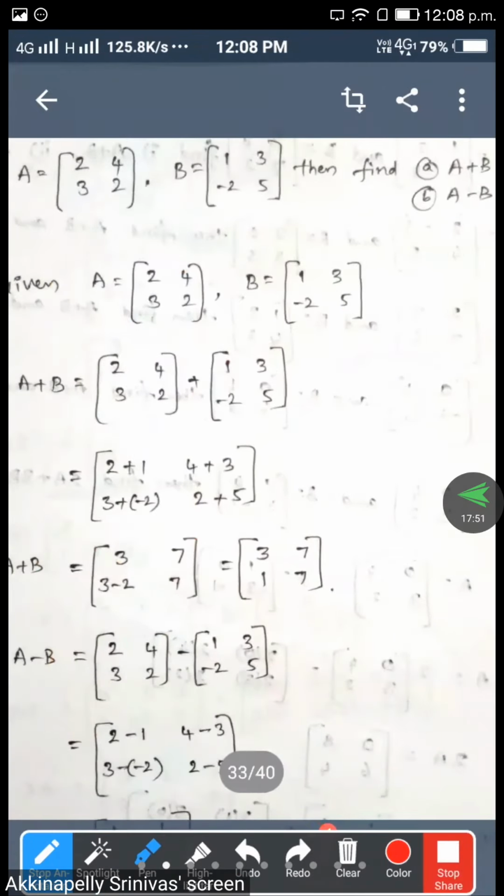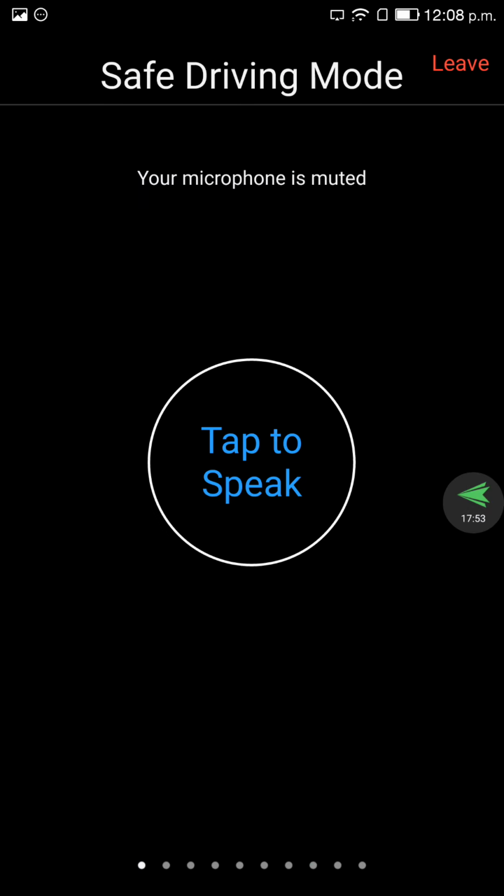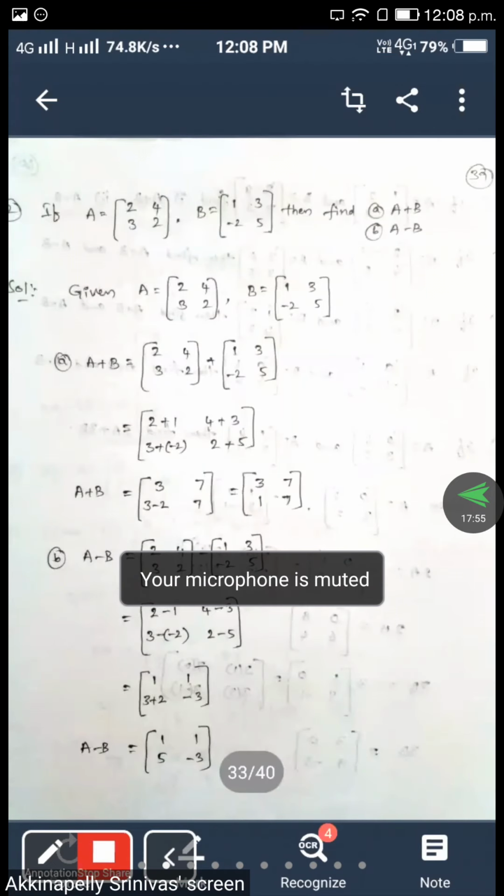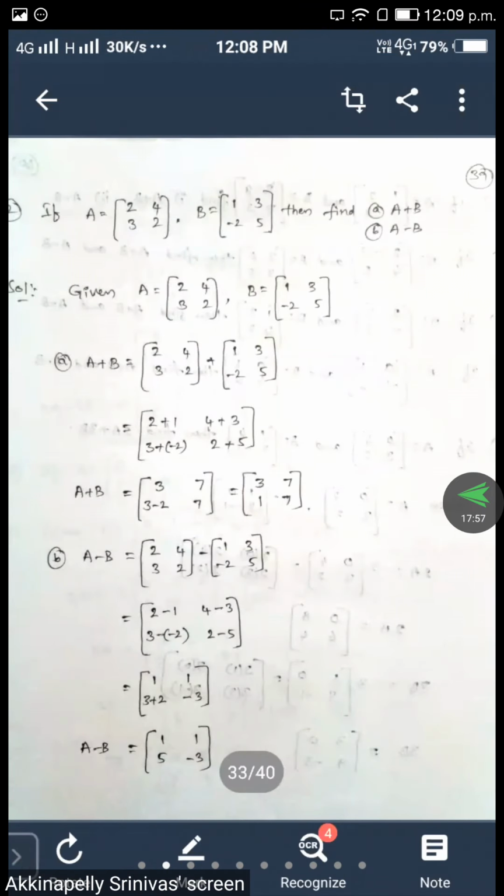Right, addition and subtraction is easy, but we have to add or subtract corresponding elements only.